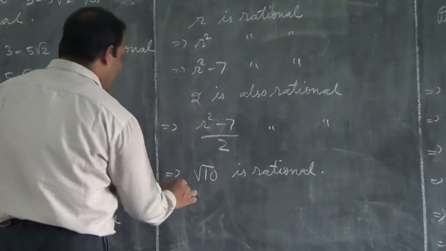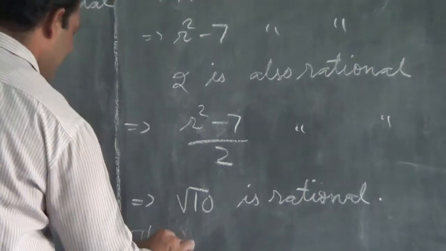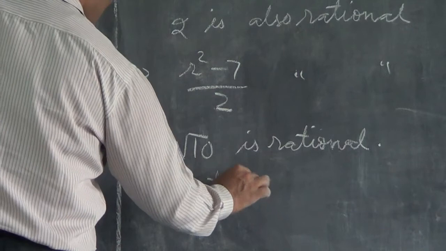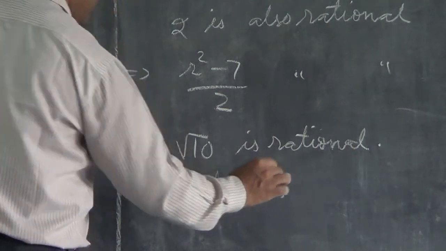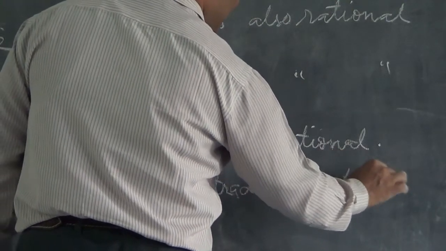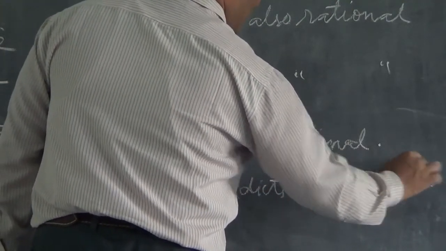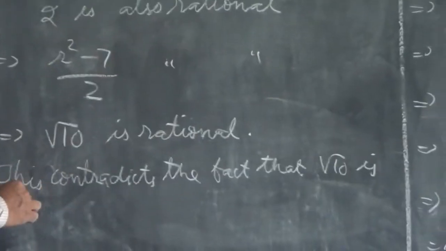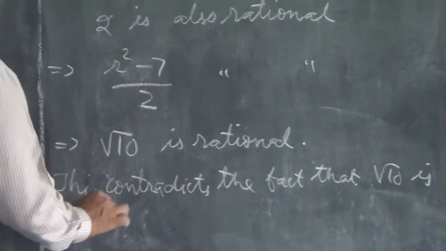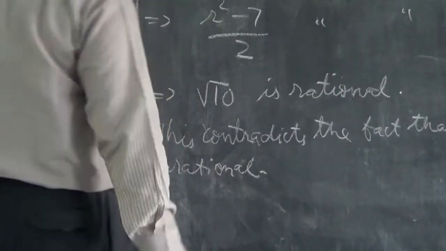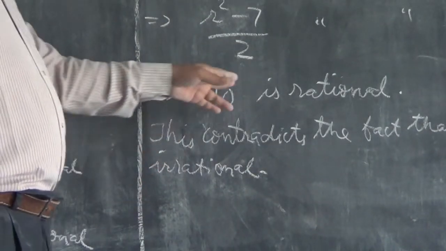Then again you have to write, this contradicts the fact that root 10 is irrational. So this fact is contradicted here.